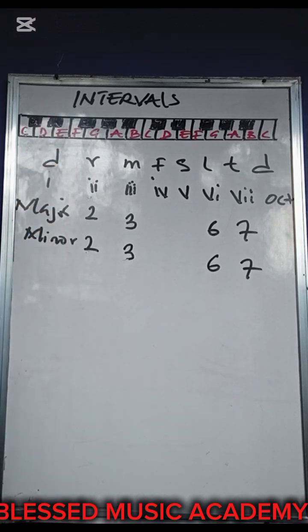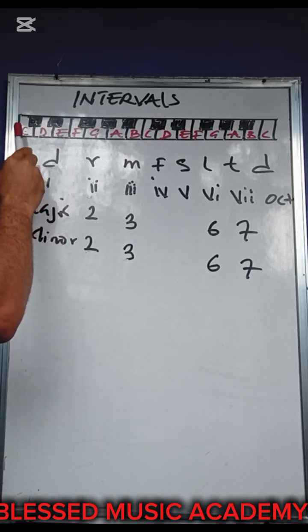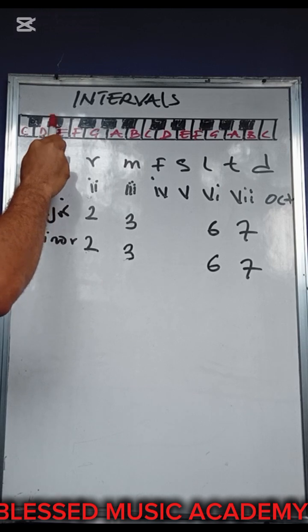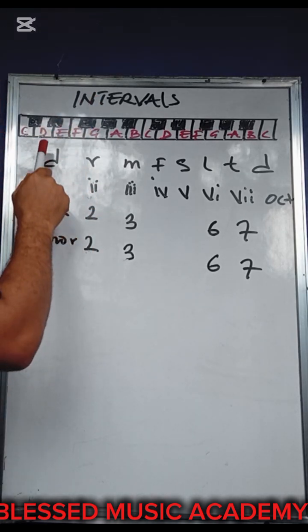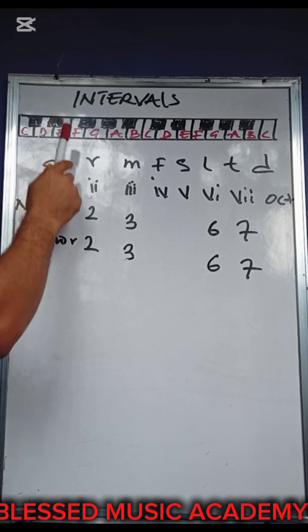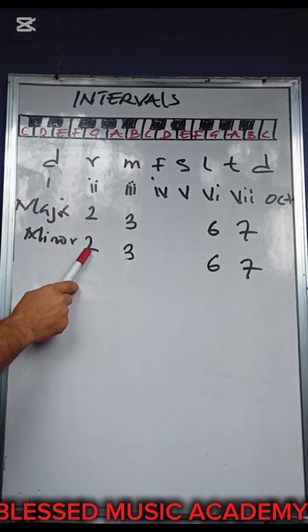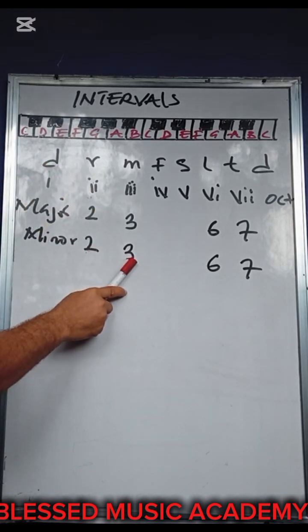Remember, in interval, sharp or flat does not affect the count, so you are still counting 1 2 3. All of them are third, but the difference is in their quality. From C to E flat is a minor third. From C to E is a major third.